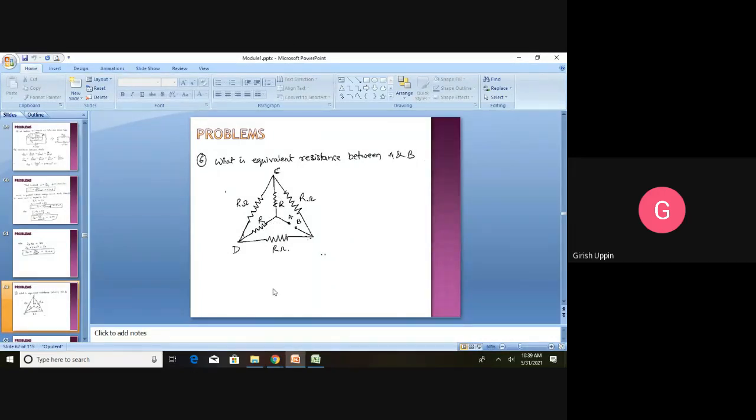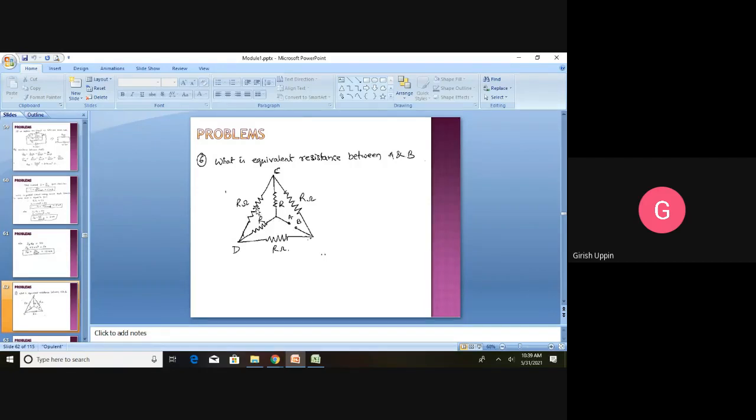Note down and try to solve this particular problem. What you have to do is find the equivalent resistance between A and B. You can see all the resistors have the value of R. So what you can do is just pull out this node.